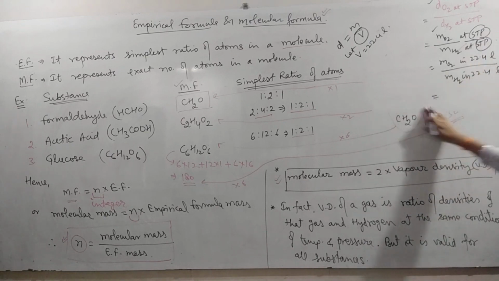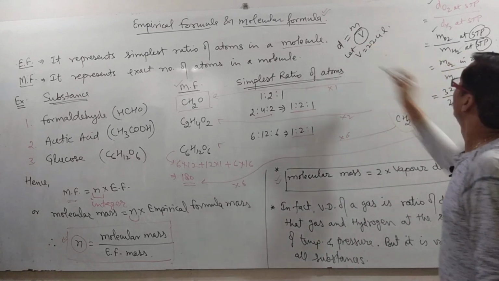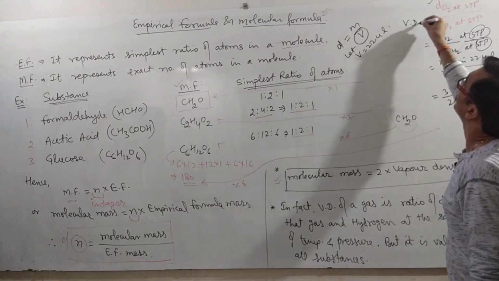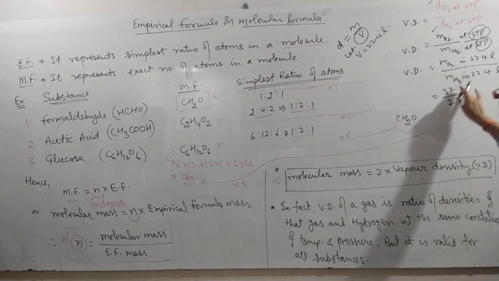So the molar mass of oxygen is 32, the molar mass of hydrogen is 2, and here it is the ratio of densities, so it is called vapor density. And here 32 is the molar mass.